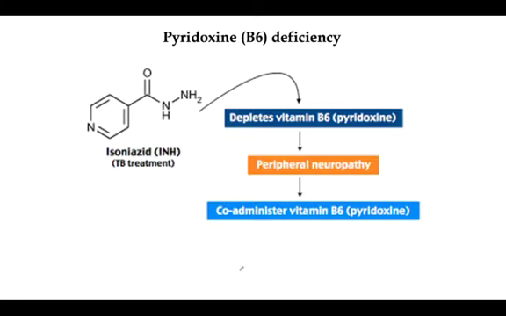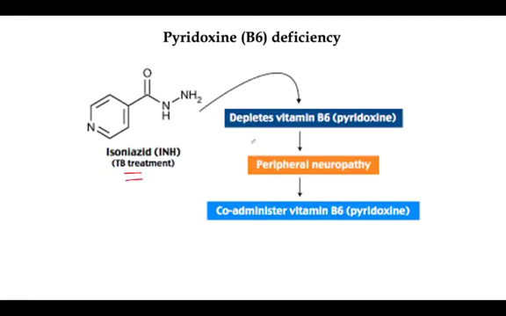You need to remember that there are certain drugs that bind to the carbonyl group of pyridoxal phosphate and therefore deplete the particular enzyme in the physiological milieu. One of these drugs is isoniazid, which is commonly used for the treatment of tuberculosis.